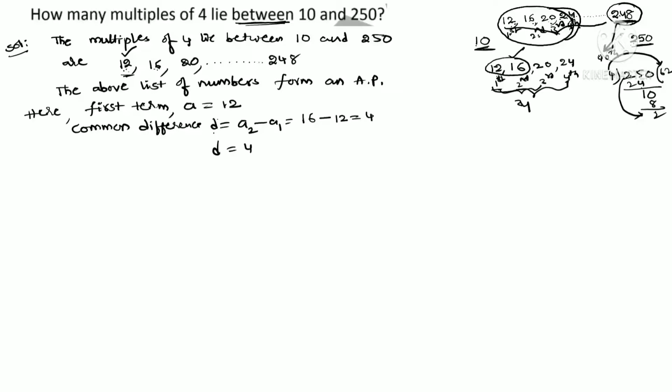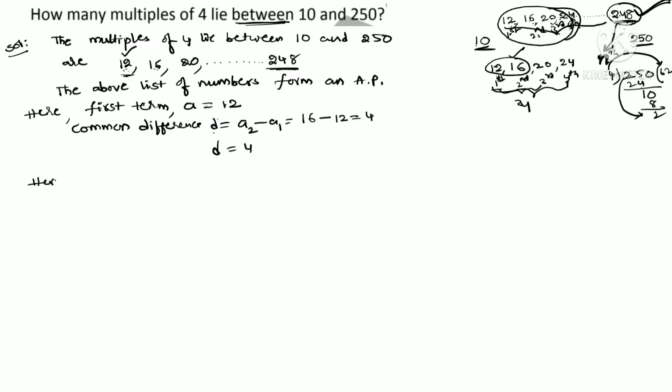We don't know the number of this particular term. So what I will do, I will assume this one as which term? This last term is also represented by an.